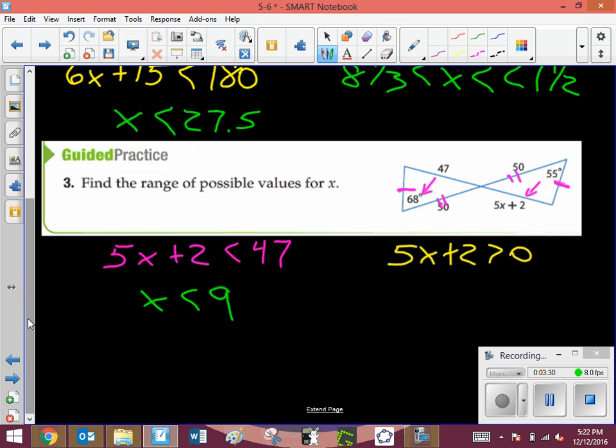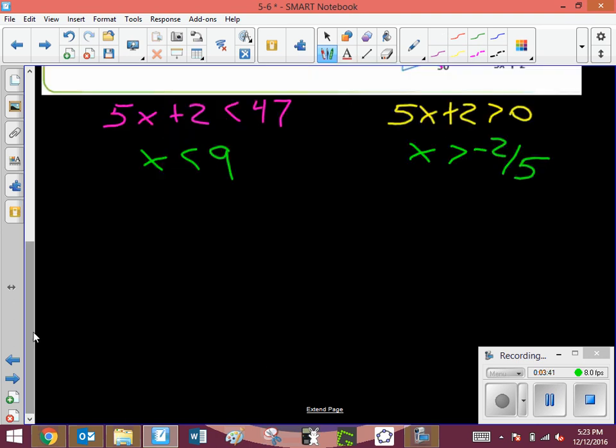Same thing over here, if I subtract 2, divide by 5, x is greater than negative 2/5. Again, write this as a compound inequality. We would get negative 2/5 as our smallest value, less than x, which is less than 9.